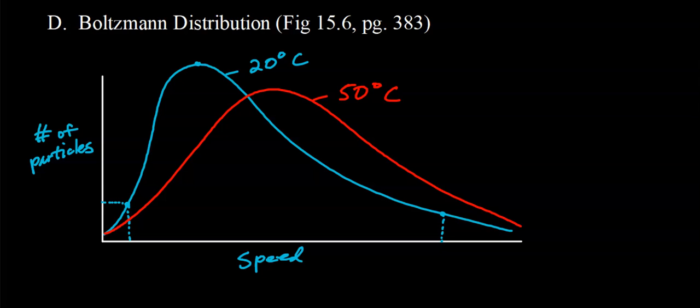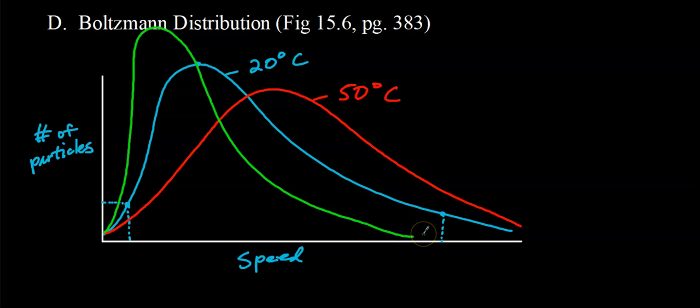Again, let's add a third curve. How do we show that there are, on average, more particles that are traveling at a lower speed? So this time, we're going to say the curve is shifted over to the left. So let's label that.